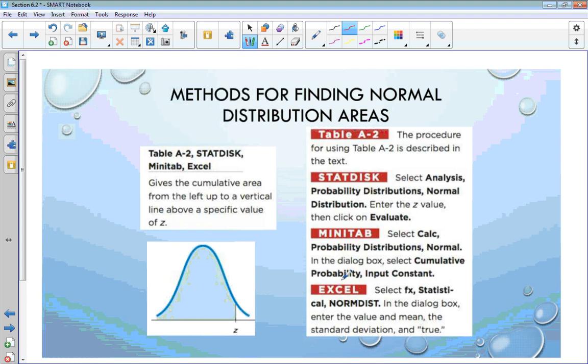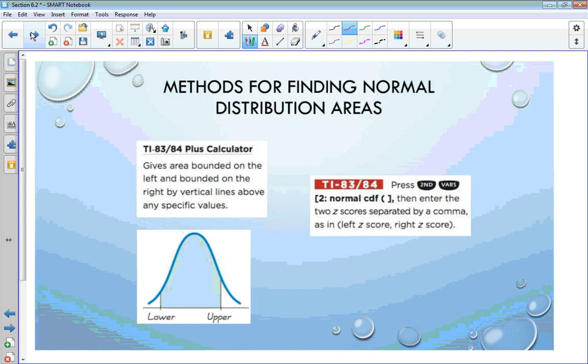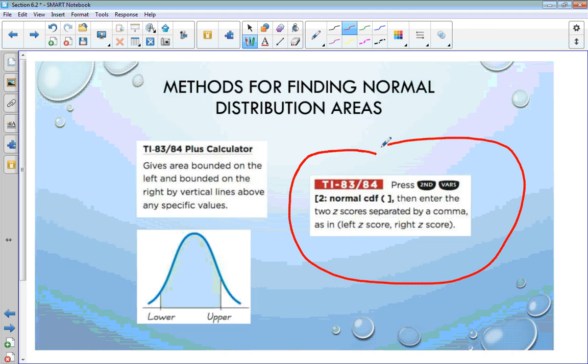We could also use Excel, StatDisk, Minitab. The one that you're going to use most often, of course, is your TI-83, 84 calculator. Let me pull that up so that we have that ready. And you can go get your TI-84 calculator if you do not have that ready.